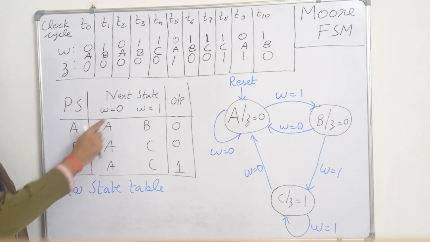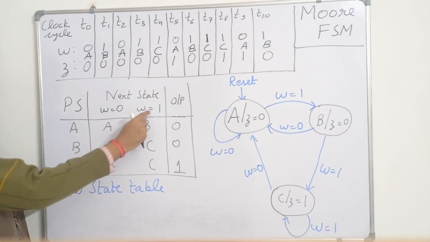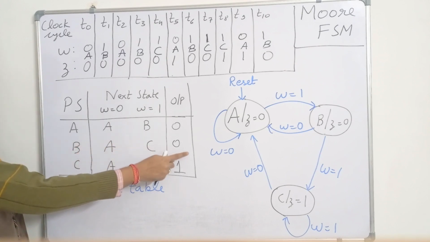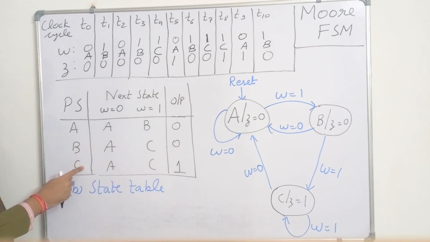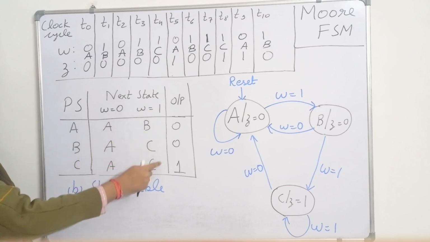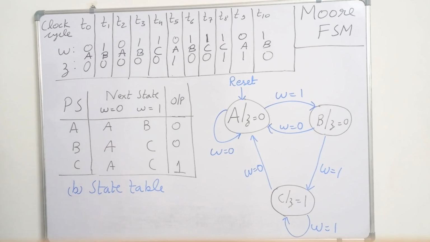System is in state B, input is 0, system will go to state A. System is in state B, input is 1, system will go to state C. Output will be 0. System is in state C, input is 0, system will go to state A. System is in state C, input is 1, system will remain in state C. Output will be 1 in state C. So this is the state table, also called the state transition table.